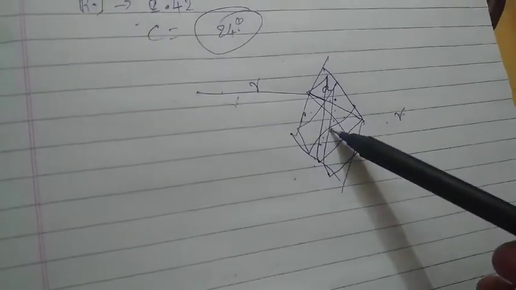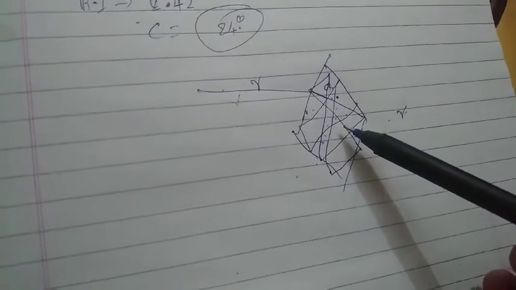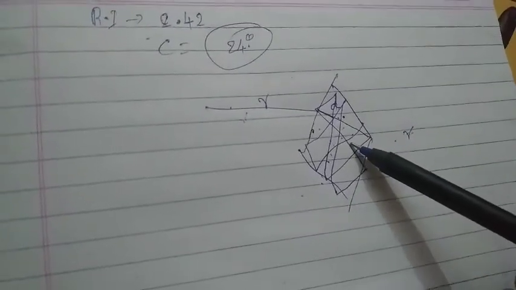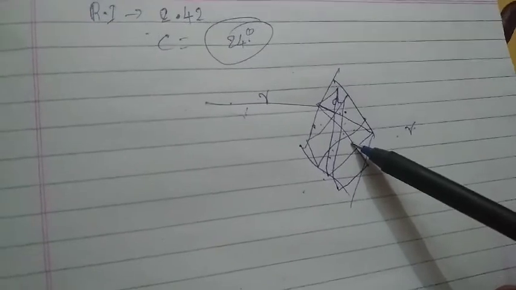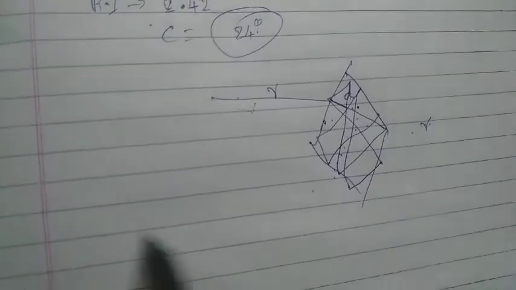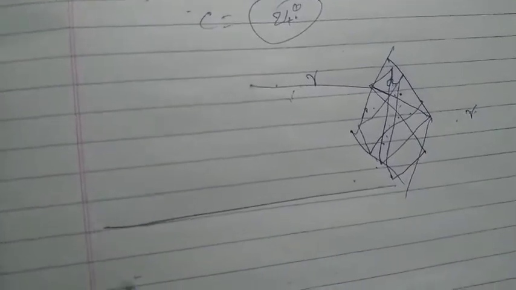So the light gets stuck inside the diamond and it shines more brightly. It is diamonds.